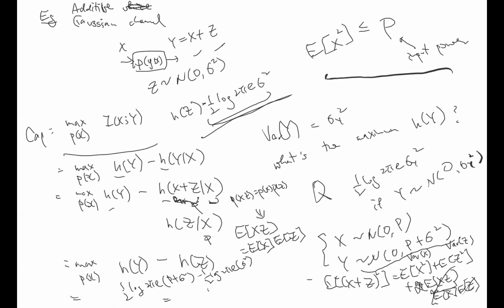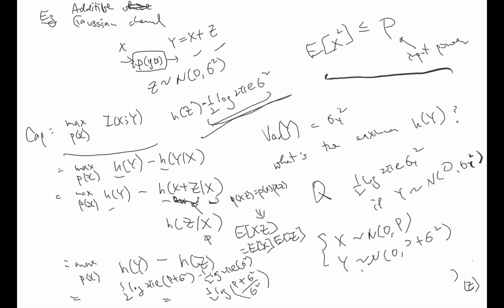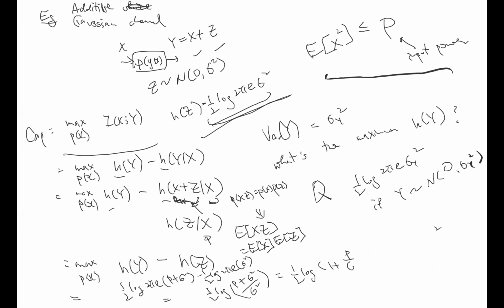So it's equal to 1/2 log of (P plus sigma square) over sigma square, and equal to 1/2 log (1 plus P over sigma square).